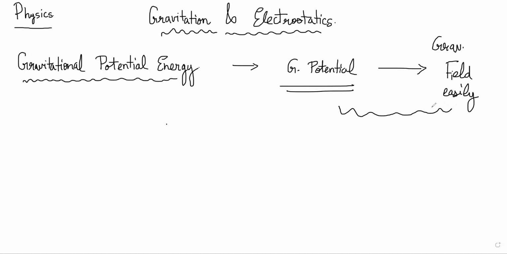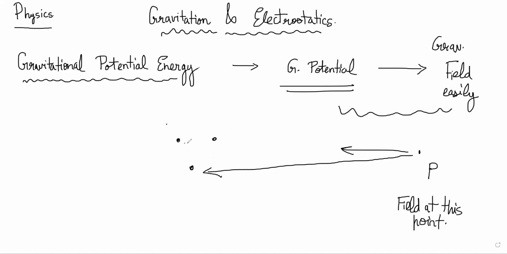And the reason we are taking this approach is that, as we saw in the last class, if there are multiple particles and there is some point here, and we want to calculate the gravitational field at this point, then obviously each mass will create its own field, right?